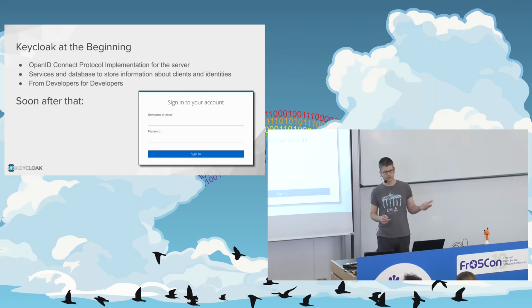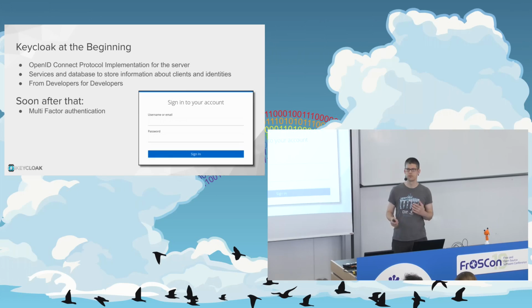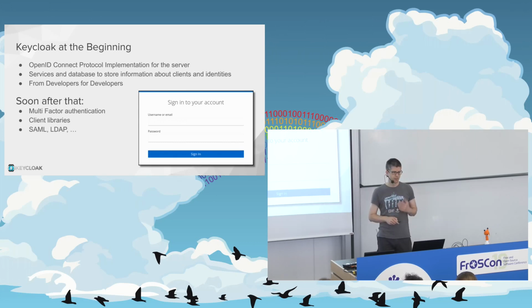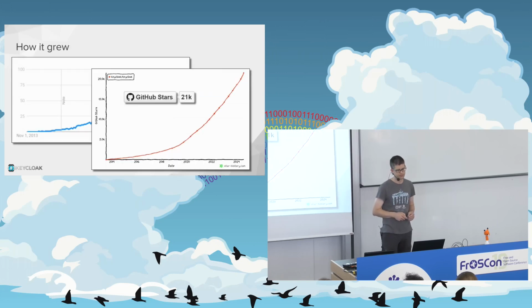Soon after the initial OpenID Connect implementation, there were things like multi-factor authentication, OTPs, that you could add. There were also client libraries. At the very beginning there weren't many OpenID Connect client libraries, especially in the Java world, so Keycloak shipped its own client libraries implementing the standard. Then there was SAML and LDAP, all the things you can integrate into Keycloak.